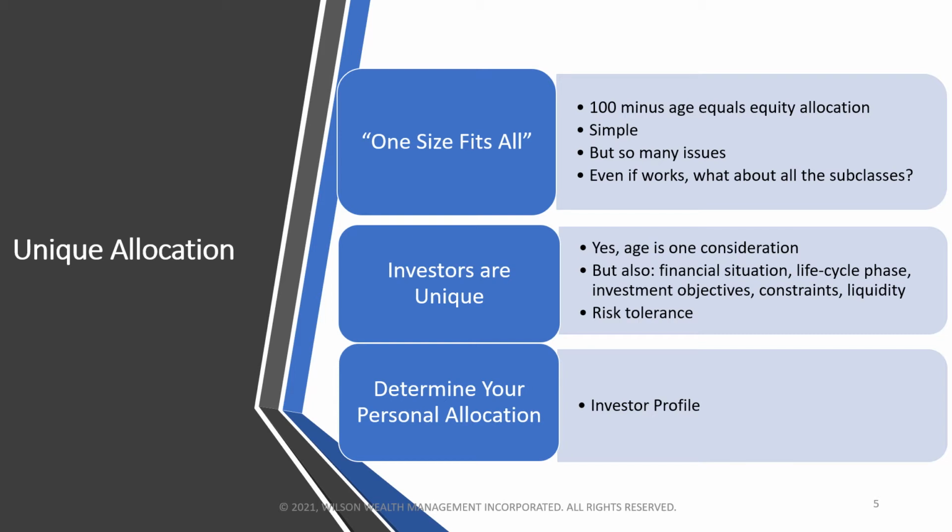Where are you in the life cycle phases? What are your investment objectives, your constraints, liquidity needs? What's your risk tolerance? So there's a lot out there that you have to factor in. And fortunately, all of that goes into your investor profile. So you've got that one document that just went through all those things. And that makes it useful.